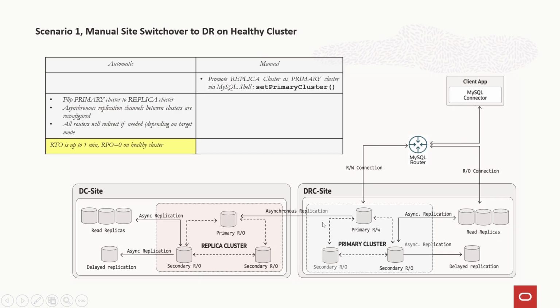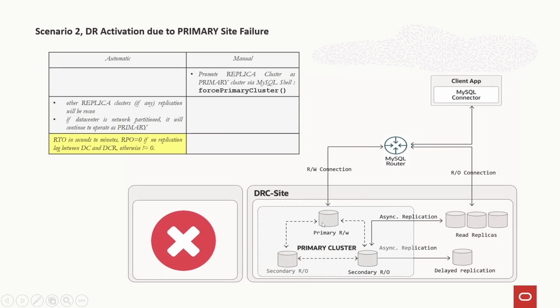Then all the operation will switch. We don't need to reinstall or reconfigure the routers because routers understand. They will also change the connections to the right cluster. The primary cluster moves to the DR side, and it's just one command. Everything gets executed automatically.